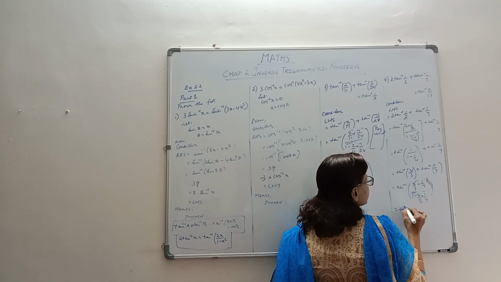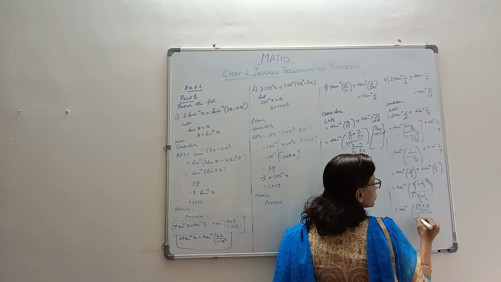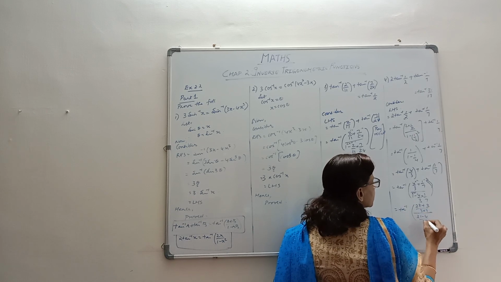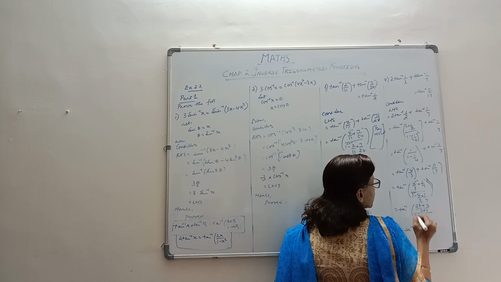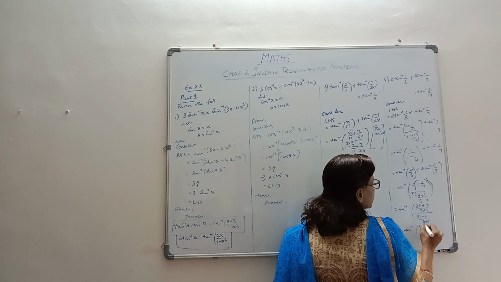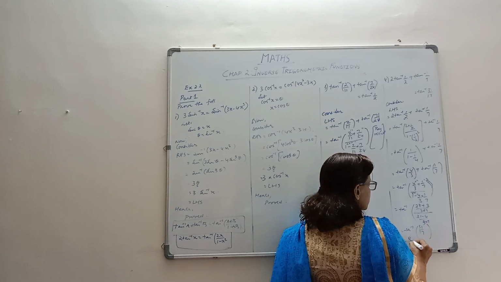So it is tan inverse of (28 plus 3) by 3 into 7, that is 21, minus 4 by 3 into 7. So we have tan inverse of 28 plus 3 is 31, and this is 70. Are we right? Yes, RHS.